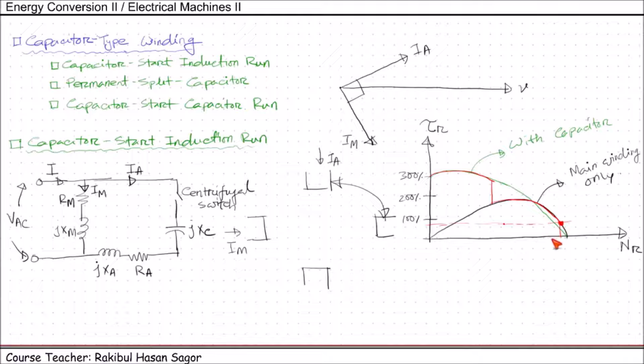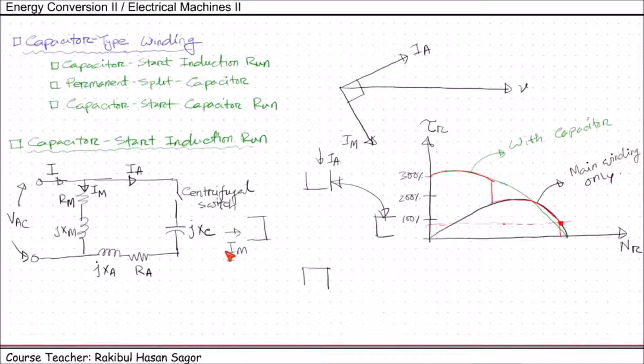Remember, capacitor start motors are more expensive than split phase motors. In a split phase motor, we cannot have this amount of higher starting torque. Split phase motors are used where we need moderate starting torque, but capacitor start induction run type motors are used in applications where a high starting torque is absolutely required.